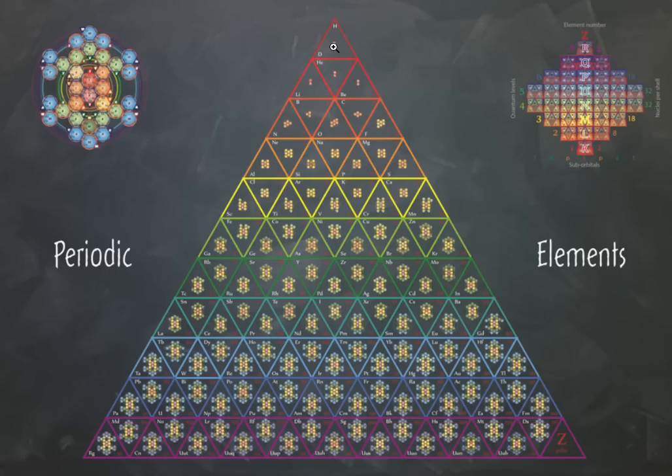Traditionally, hydrogen's been listed as element number 1. Tetryonics shows that it should actually be deuterium, as deuterium is the building block of all atomic elements, not hydrogen.